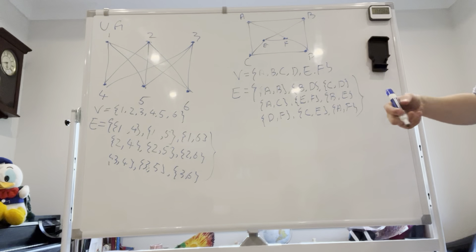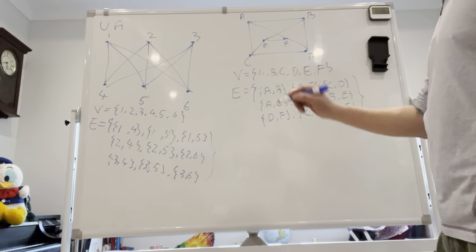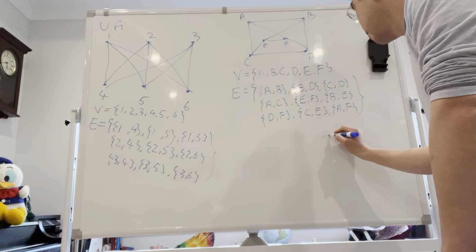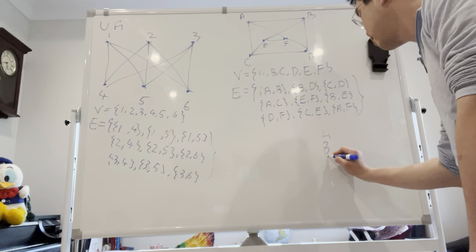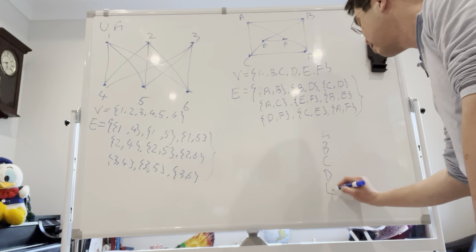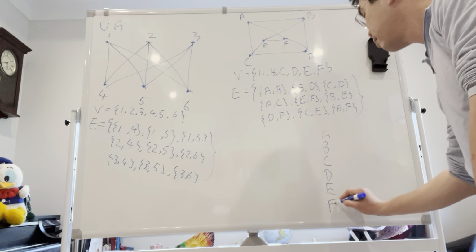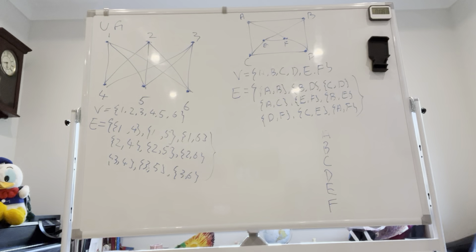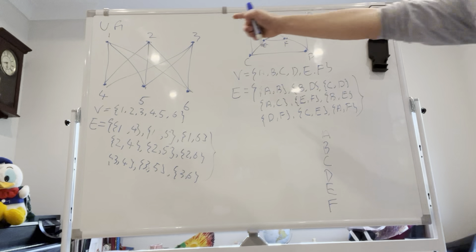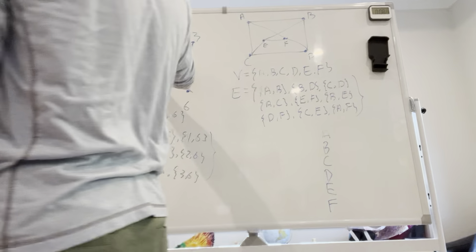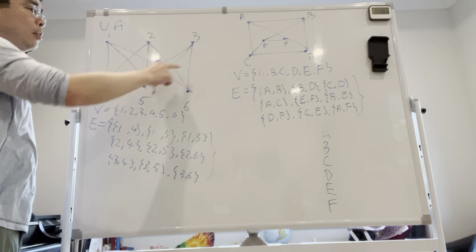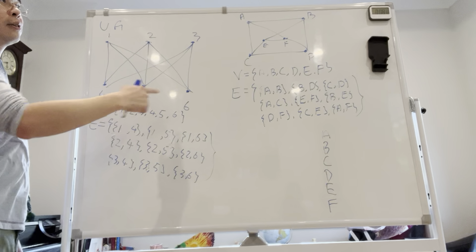If you stare at this really long, what do you think is a mapping that will make them look the same? First of all, one thing you notice is that these 3, 1, 2, 3, do not connect with each other, and these 3 do not connect with each other.